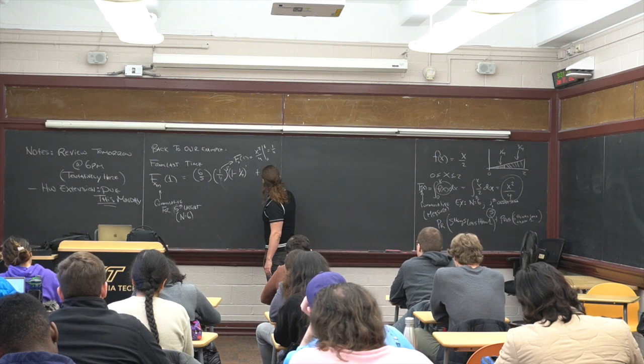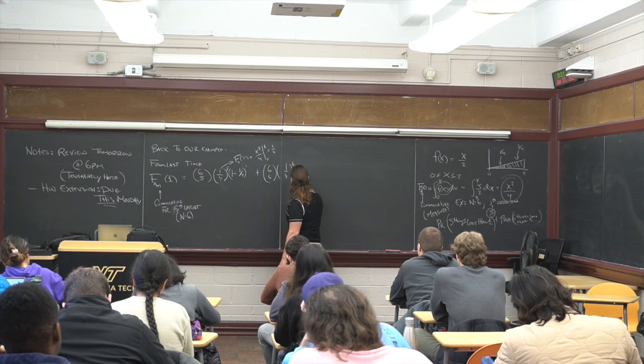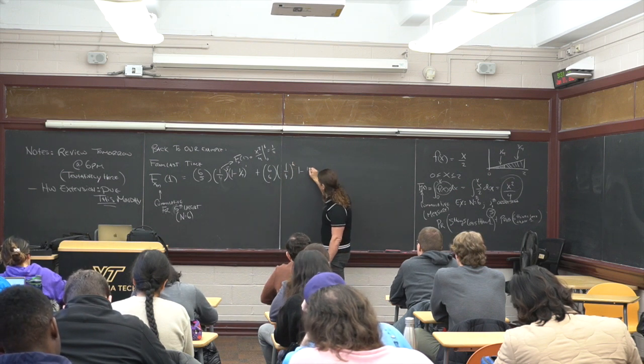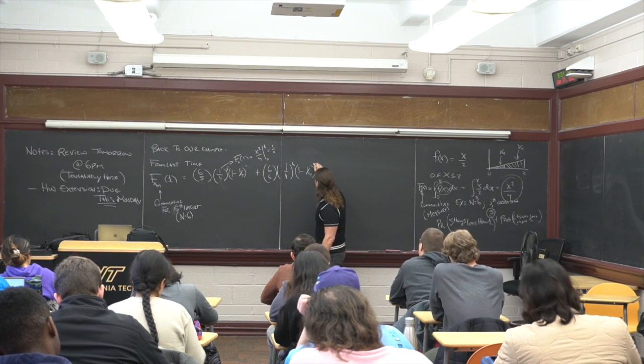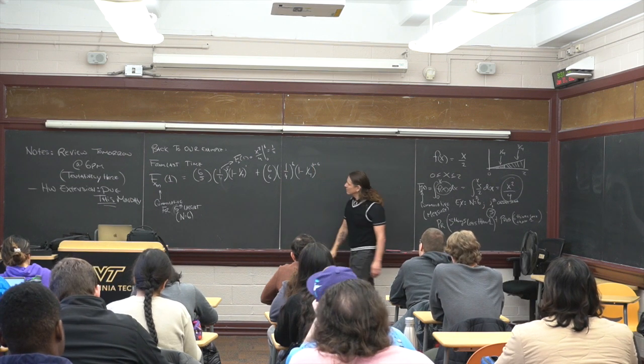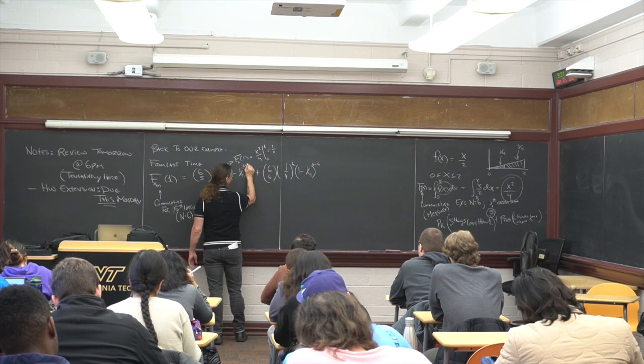Plus 6 choose 6, 1/4 to the 6th, 1 minus 1/4 to the 6 minus 6. And this right here is going to be 6 minus 5.